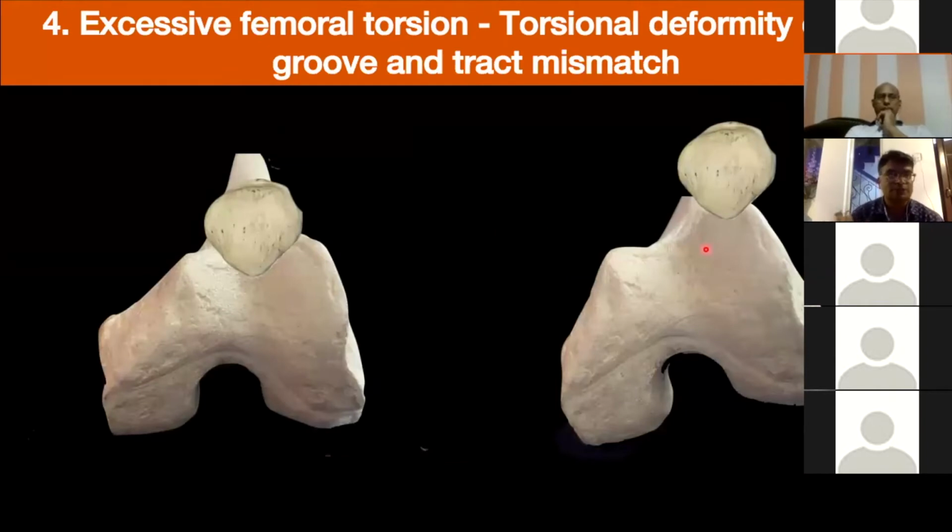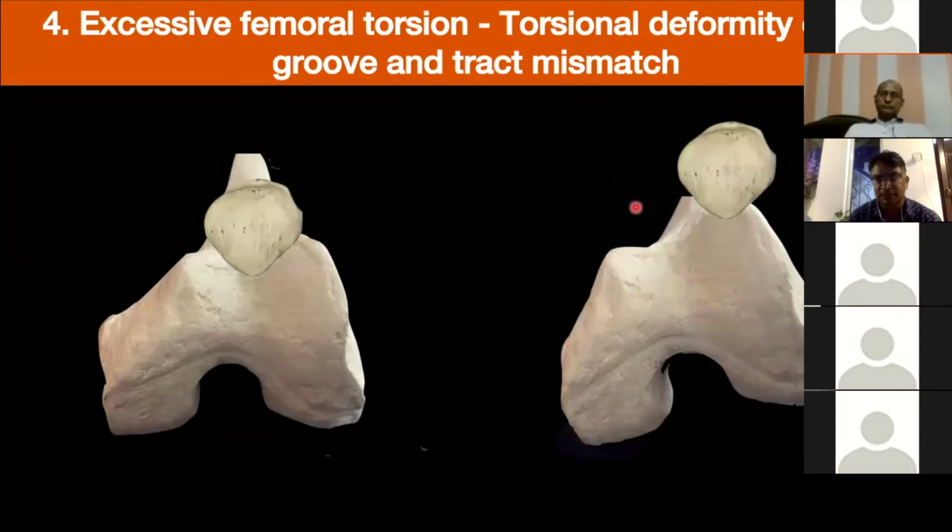The fourth reason out of 6 is excessive femoral torsion. This picture says that if your femur is normally aligned, your patella track matches with the sulcus. If there is a rotation, in this case internal rotation of the femur, and the patella remains in the same place, now the track doesn't match.